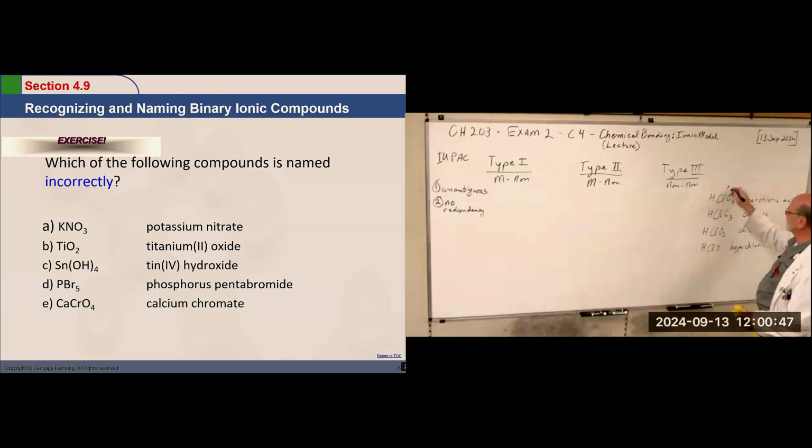And of course, these have to be in aqueous solution. Ate becomes ic. This is chloric acid. Chlorites become ous. Chlorous acid. And hypochlorous acid. So there you go. Now you got 12 more acids memorized.